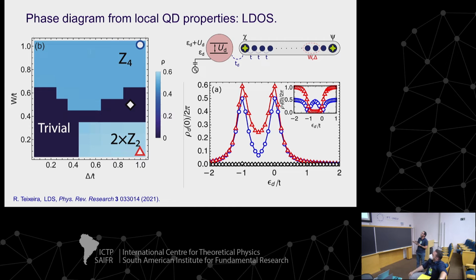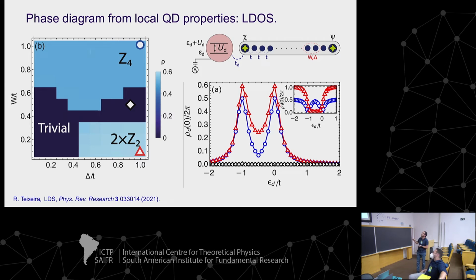And notice that in both of these topological phases, you have some signature of this zero mode that was in the chain, but kind of leaks into the dot. So it appears in the local density of states in the dot just via some regular coupling. And this was already known from the Majorana case. We did some work on that. And in fact, it happens here also for the parafermion chain. And so you could, in principle, differentiate these three phases just by looking at the density of states at the dot.